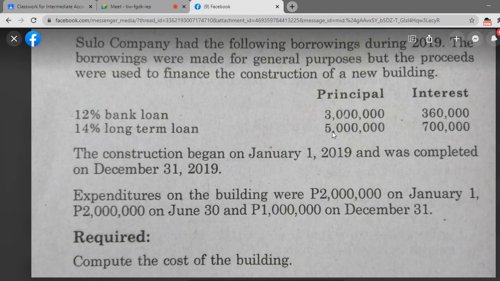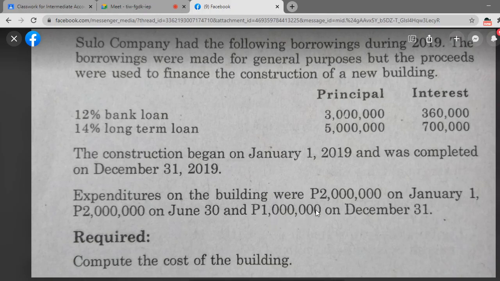Although you have 8 million total loan, ang amount lang na atong nagamit for the construction of the building is only 2 million plus 2 million plus 1 million. So, we only have 5 million in total. 8 million ang giutang, 5 million ang nagamit for the building.